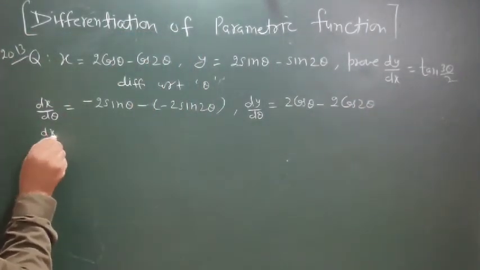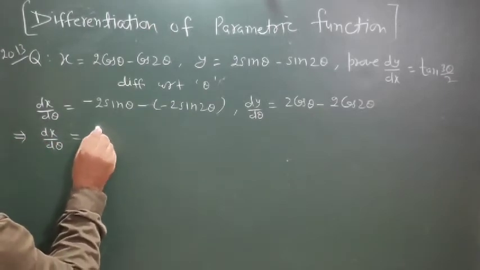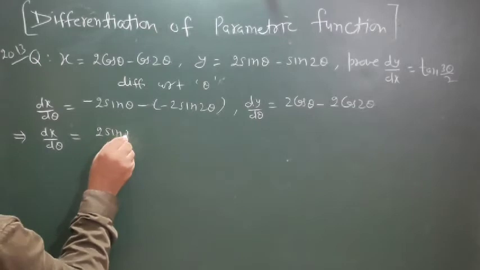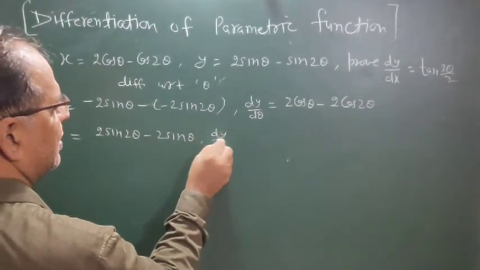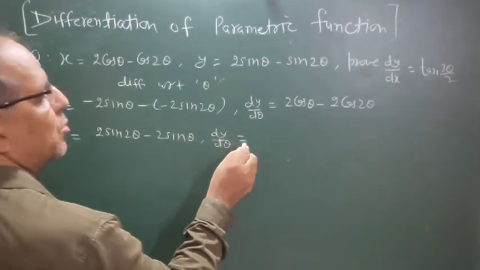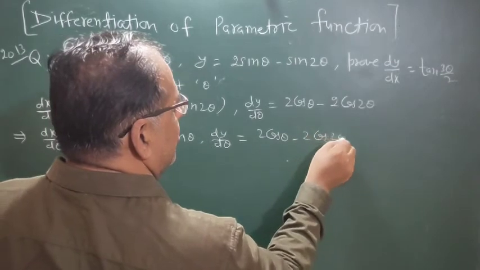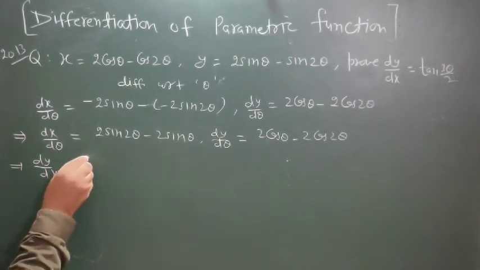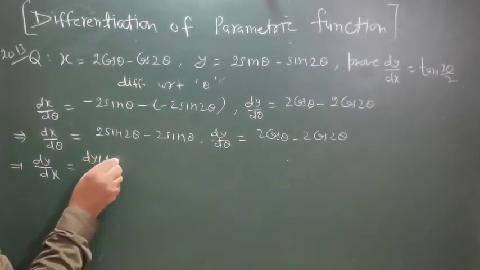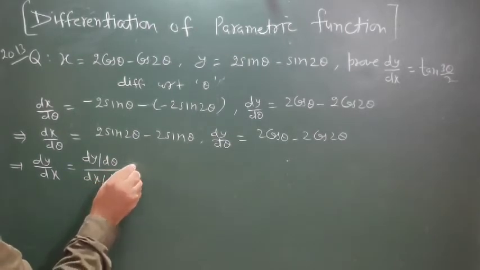So this can be arranged as dx over d theta equal to 2 sin 2 theta minus 2 sin theta. Similarly, dy over d theta equal to 2 cos theta minus 2 cos 2 theta. Now apply the identity formula, dy over dx equal to dy upon d theta upon dx upon d theta.